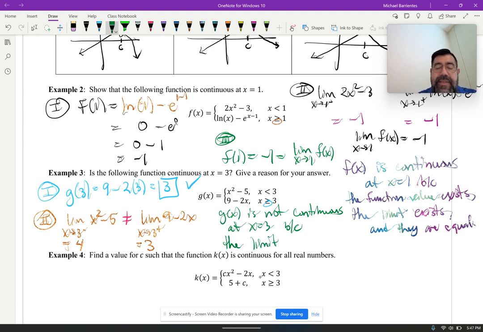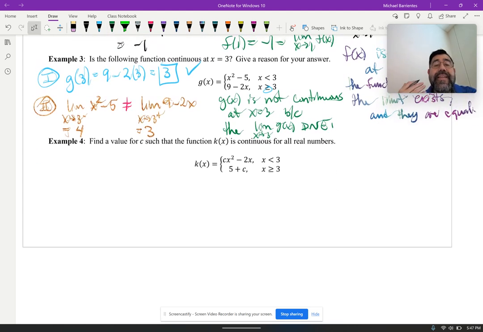The limit, and maybe I should just use the symbols, the limit as x approaches 3 of the function does not exist. And we're done.